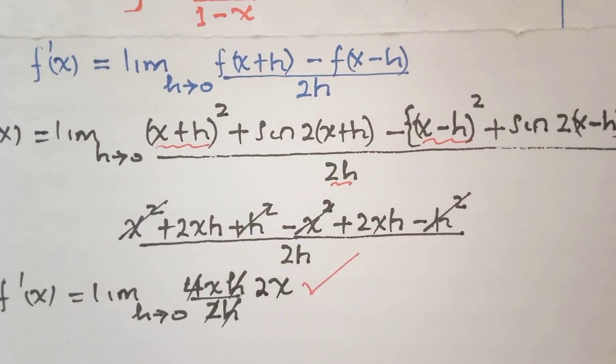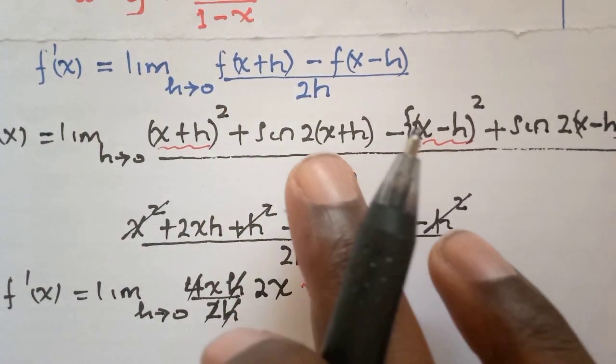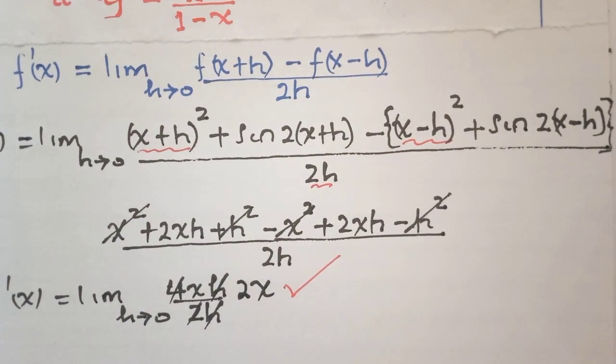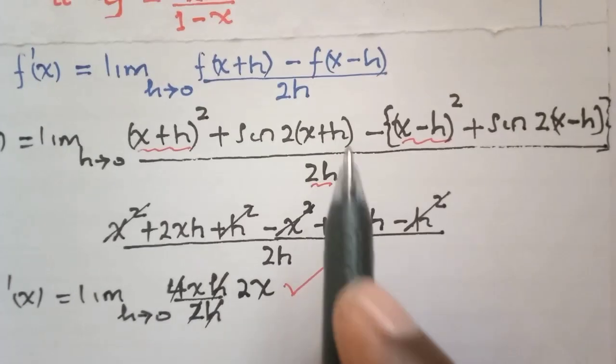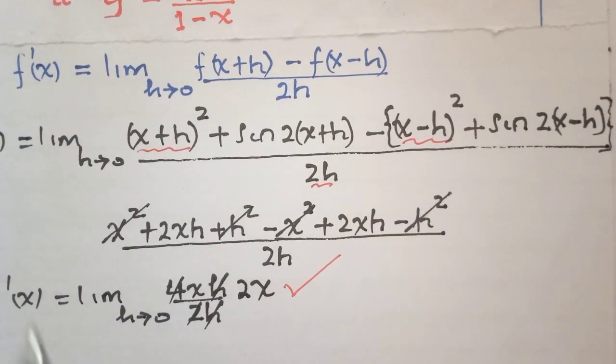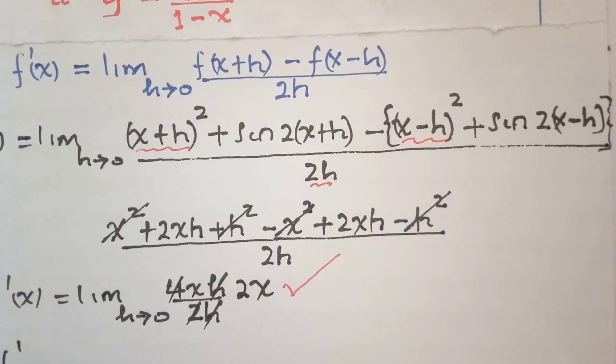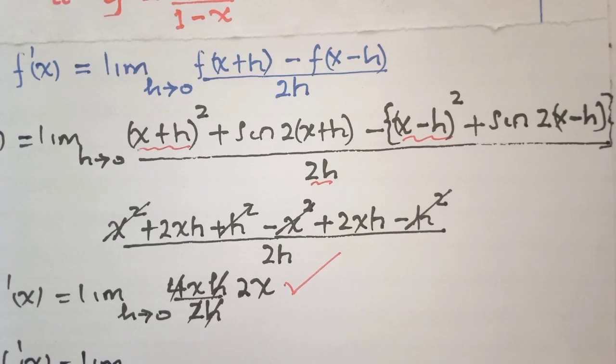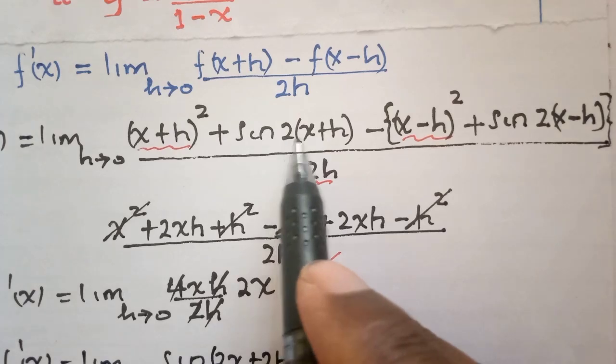So let's go now to sine. For sine, this is what we are going to do. I can still write the limit, f prime x is equal to limit h tends to 0. We shall have now sine 2x plus 2h, like that, because this one you multiply inside.